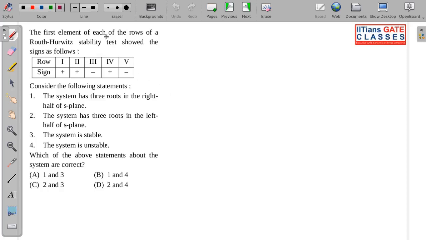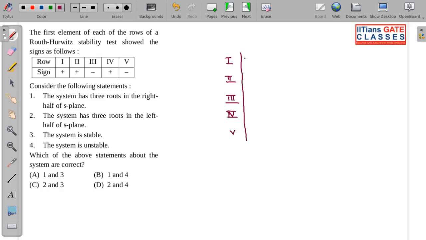So you can see the first element of each row of a Routh-Hurwitz stability test showed the sign as follows. So this is the first element of each row. So consider the following statement. Over here you can see that there are basically 1, 2, 3, 4 and 5 rows.